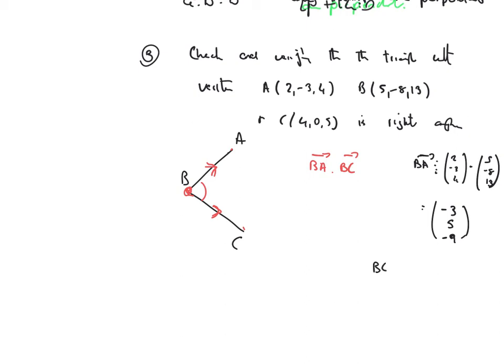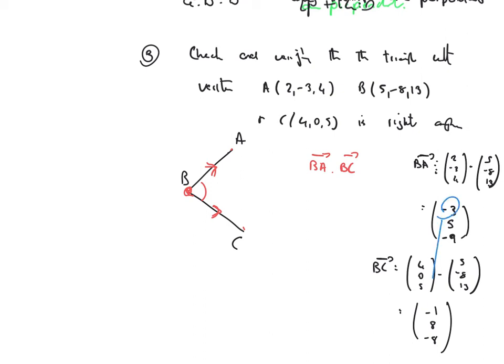What about BC? Well, BC is c minus b. So that's (4, 0, 5) minus (5, -8, 13). That's (-1, 8, -8). Okay, so let's now do the scalar product.